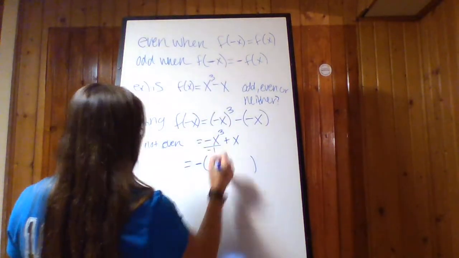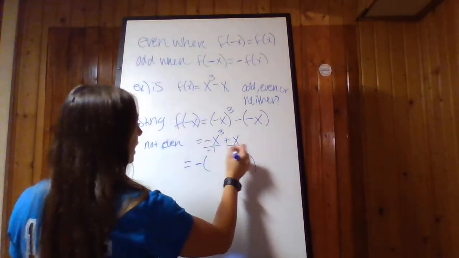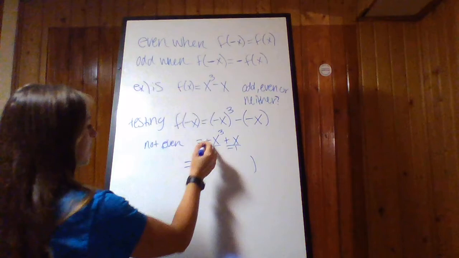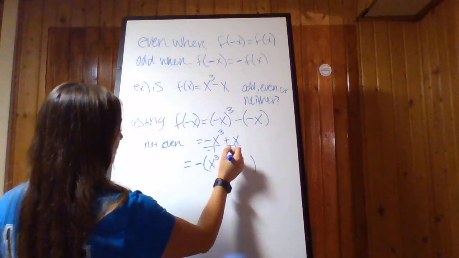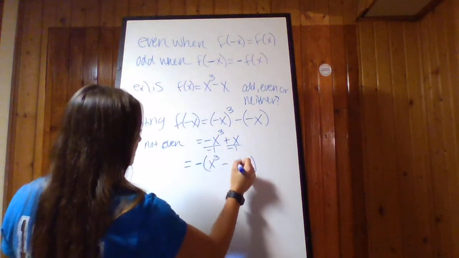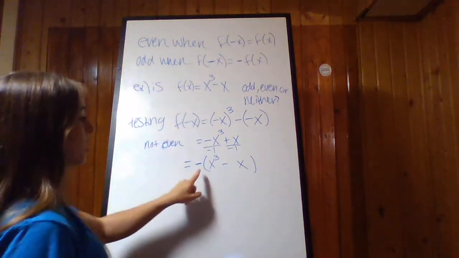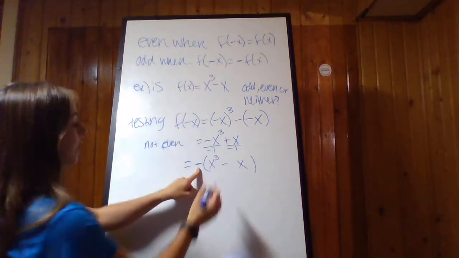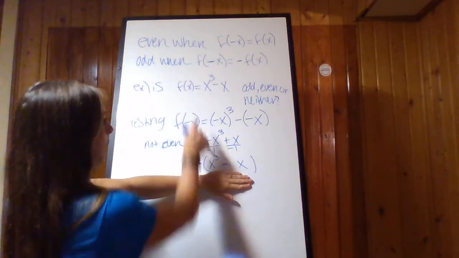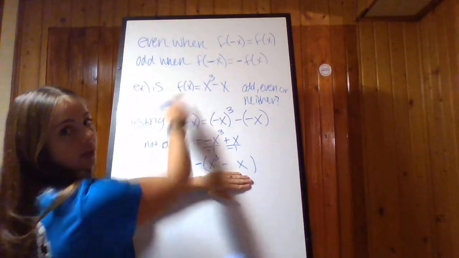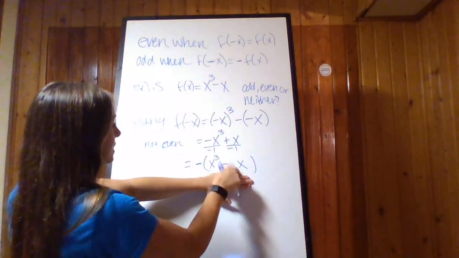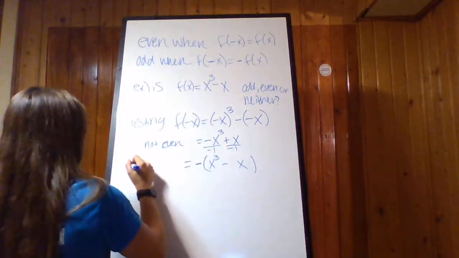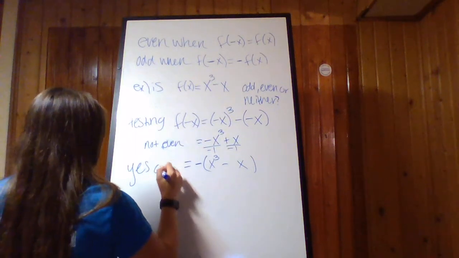So I'm dividing by basically a negative 1. Negative divided by negative makes a positive. Positive divided by negative makes a negative, okay? So I have my negative here on the outside. Does what's on the inside now match up to my original function? Yes, I have a positive x cubed minus x. So this tells me yes, odd.